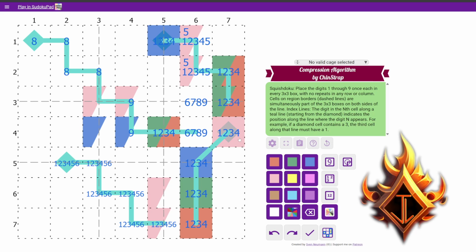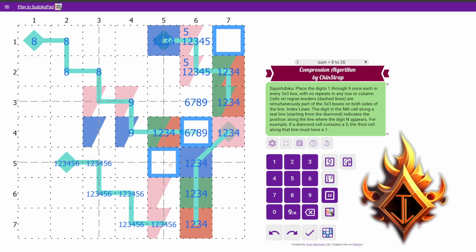Maybe that's not the correct cell. Maybe it's this one. A lot of cells over here though. This one could be this one or this one.